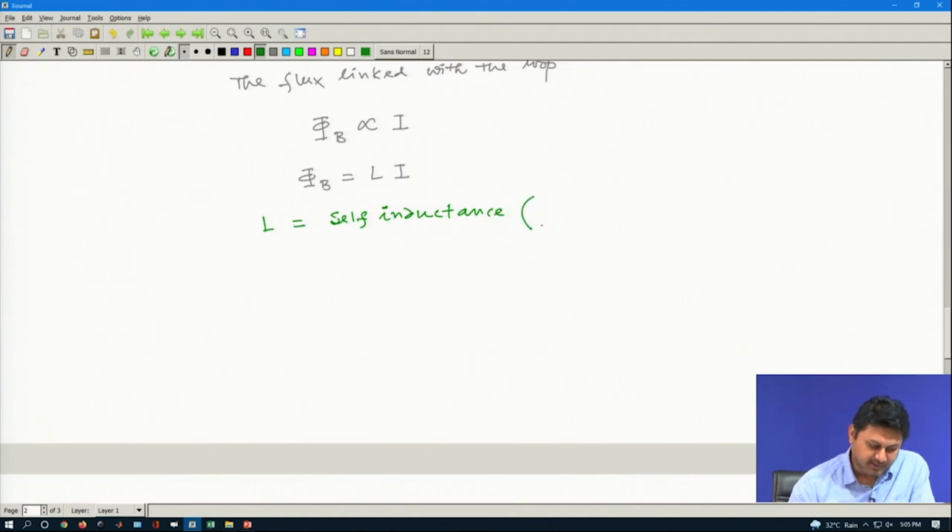So, what is self inductance? The total flux linked with unit current flow.